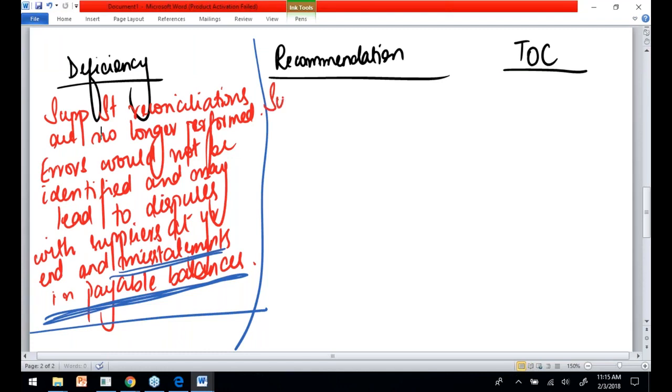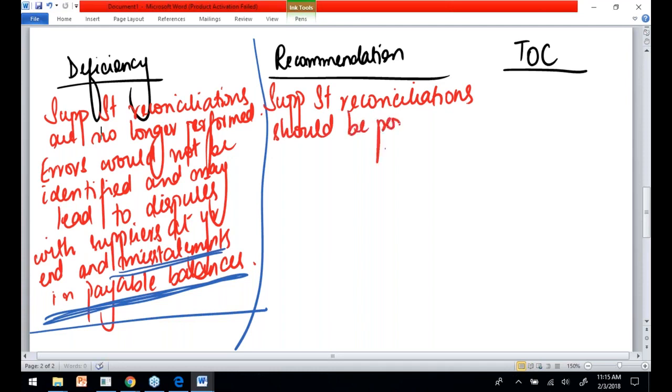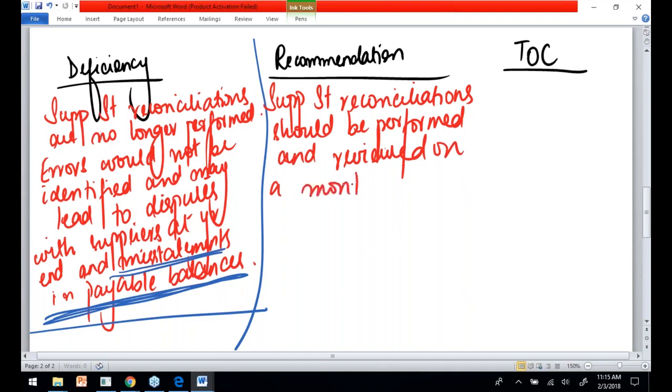Recommendation: supplier statement reconciliations should be performed and reviewed on a monthly basis.